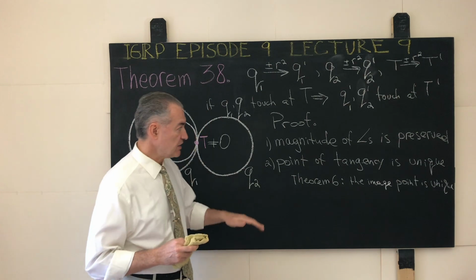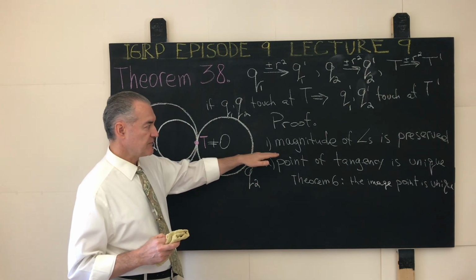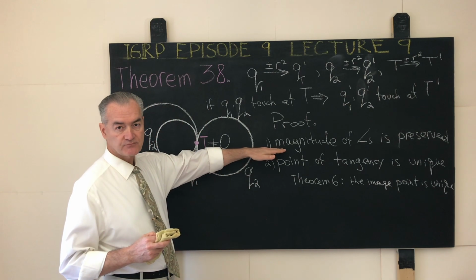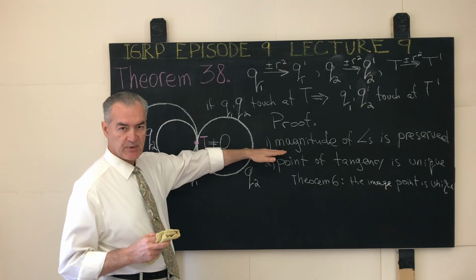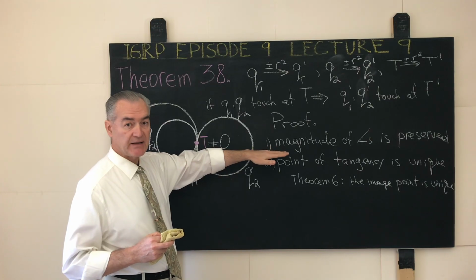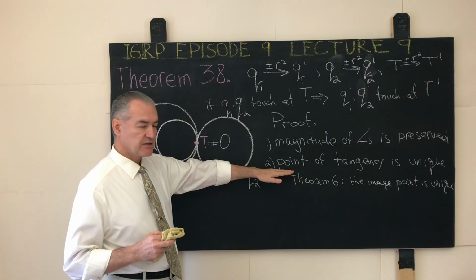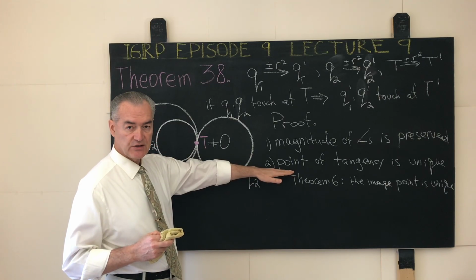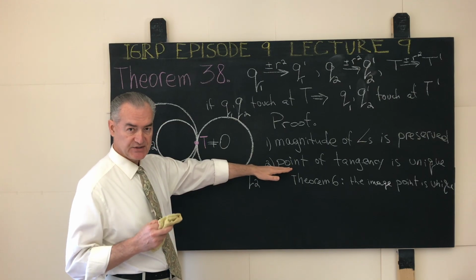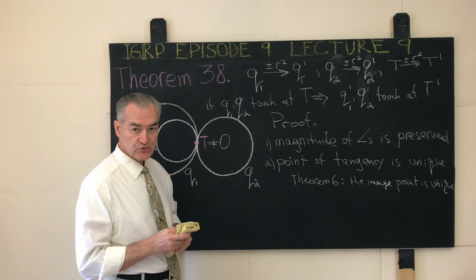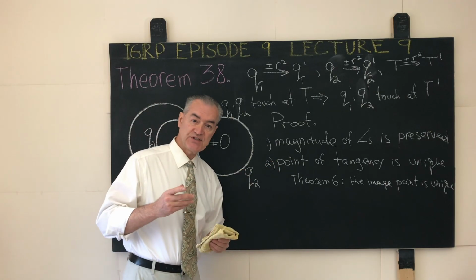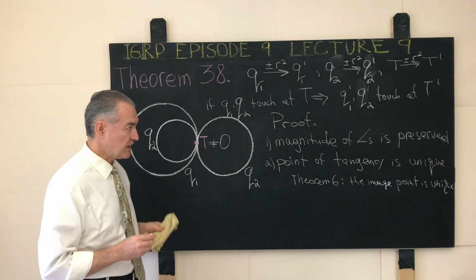And from the combination of these two facts, the fact that inversion of the real plane with respect to a circle under positive or negative power preserves the magnitudes of all the relevant angles, and the fact that the point of tangency of any two curves is unique in the sense that I explained, the proofs of theorems number 37 and 38 follow.